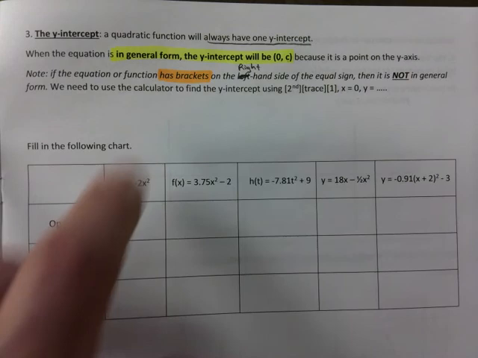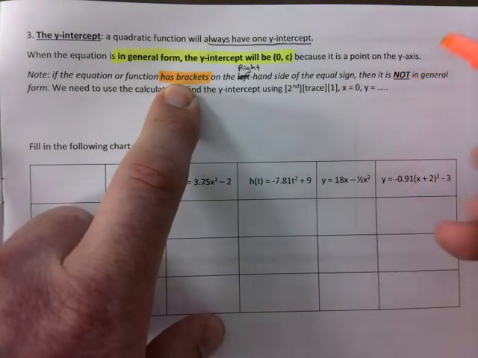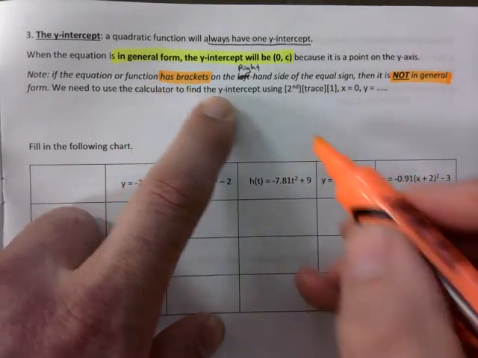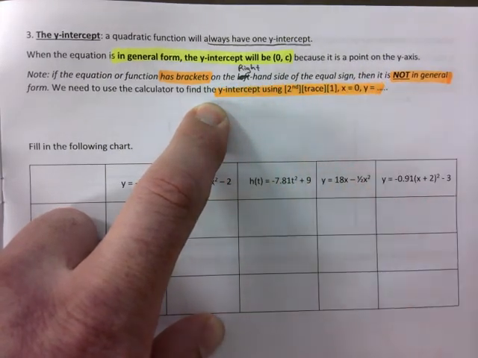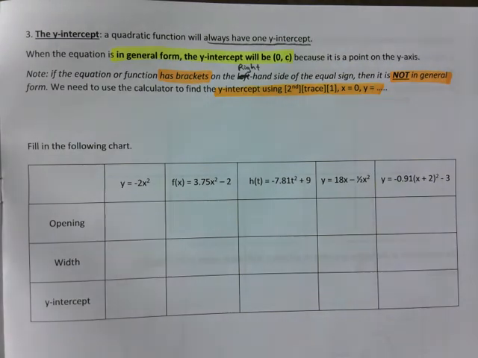If it's brackets, it's not general, then we have to use the calculator to come up with the y-intercept. You can't just look at the equation and be like, oh yeah, the y-intercept is right there. No, you cannot.